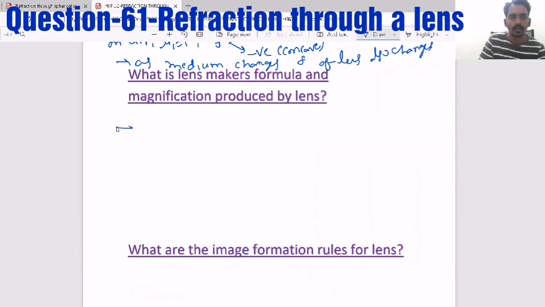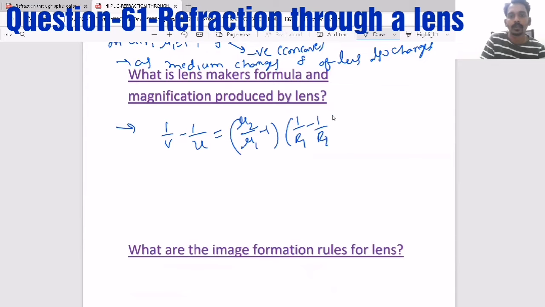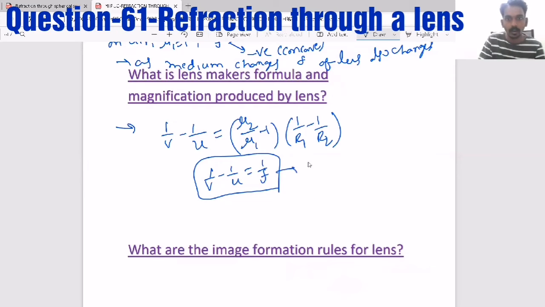Now here comes the formula: 1 by V minus 1 by U equals what we got, mu2 by mu1 minus 1 into 1 by R1 minus 1 by R2. But this is nothing but our 1 by focal length. So this is called the lens maker's formula.